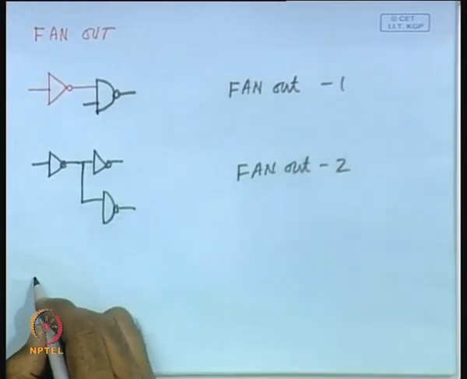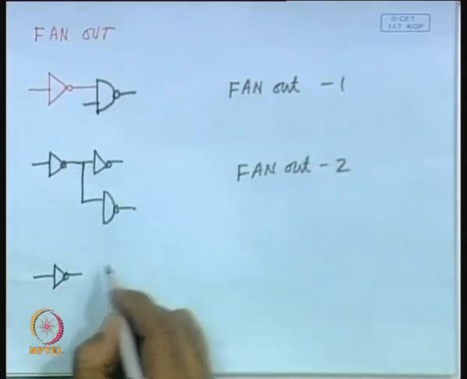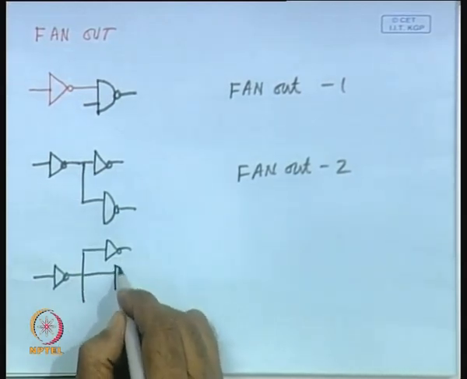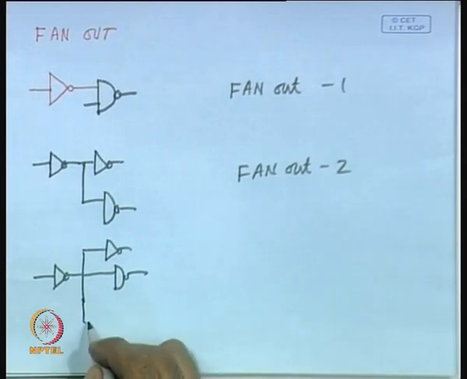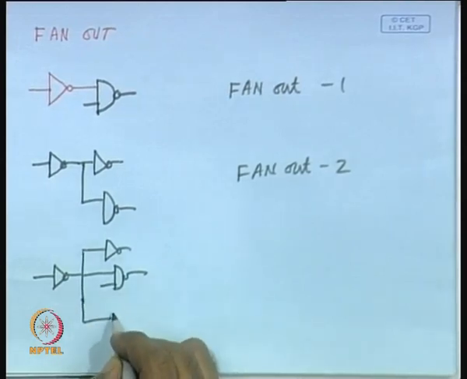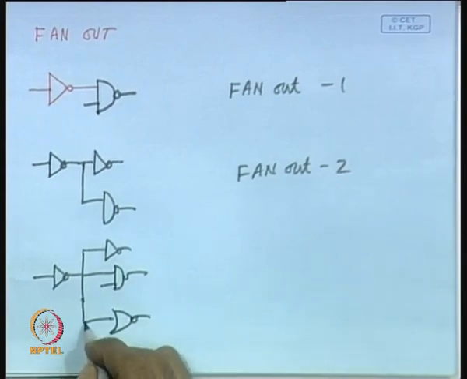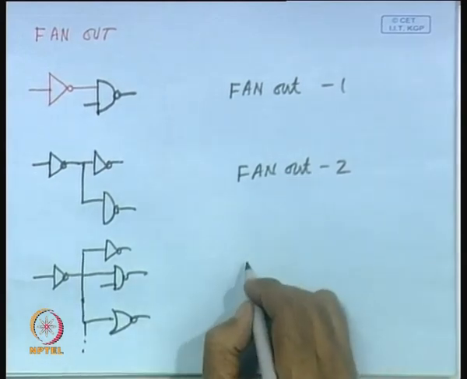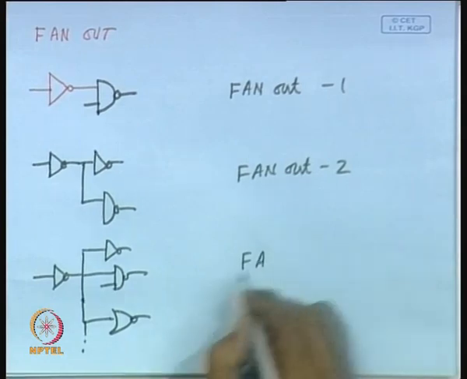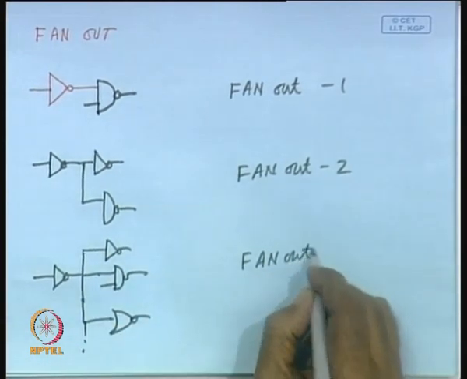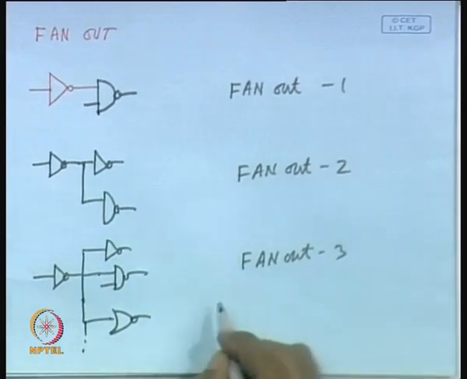So, in this case the fan out is equal to 2. Similarly, it can drive several gates, for example, an inverter, a NAND gate, a NOR gate, and different types of gates. So, in this particular case 1, 2, 3, fan out is equal to 3. If it goes to more gates, fan out will be more.